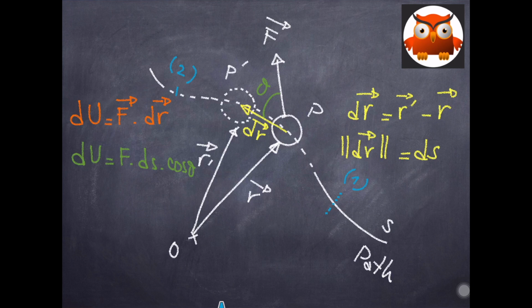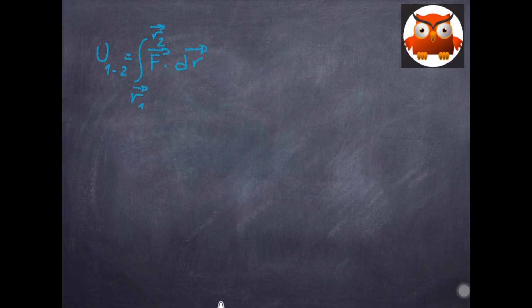Then the work done by the force F to bring the particle from position 1 to position 2, U12, is equal to the integral between R1 or position 1 to position 2 of F dot dr. So if we evaluate this integral, we get the integral between S1 to S2 of f cosine theta ds.